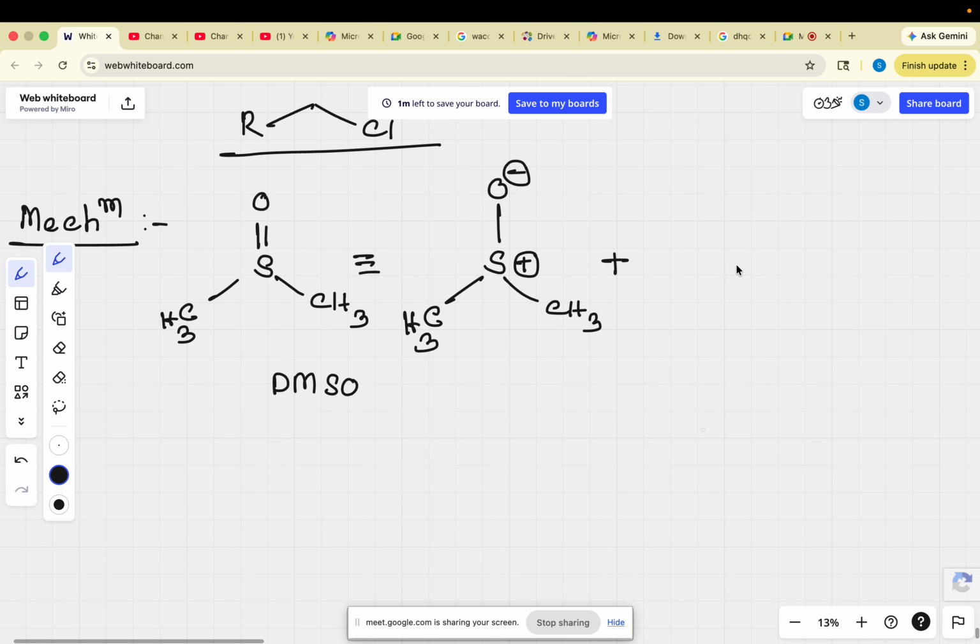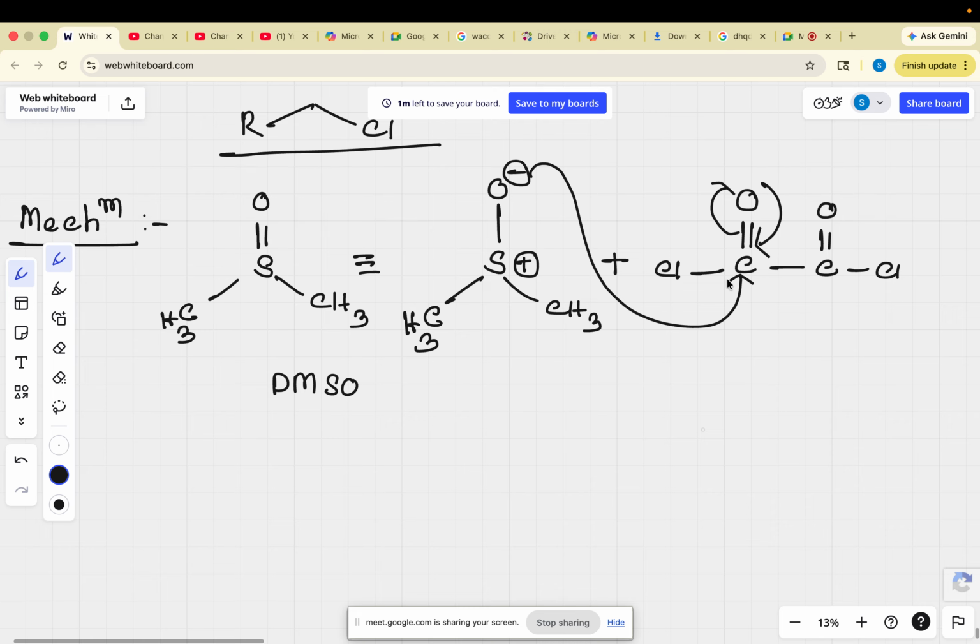I am reacting this compound now with oxalyl chloride. So what is oxalyl chloride? C double bond O Cl. Here also you have C double bond O Cl. So what will happen? O minus is attacking on this carbonyl carbon. This bond is breaking, again this bond is coming and chlorine is leaving from here.